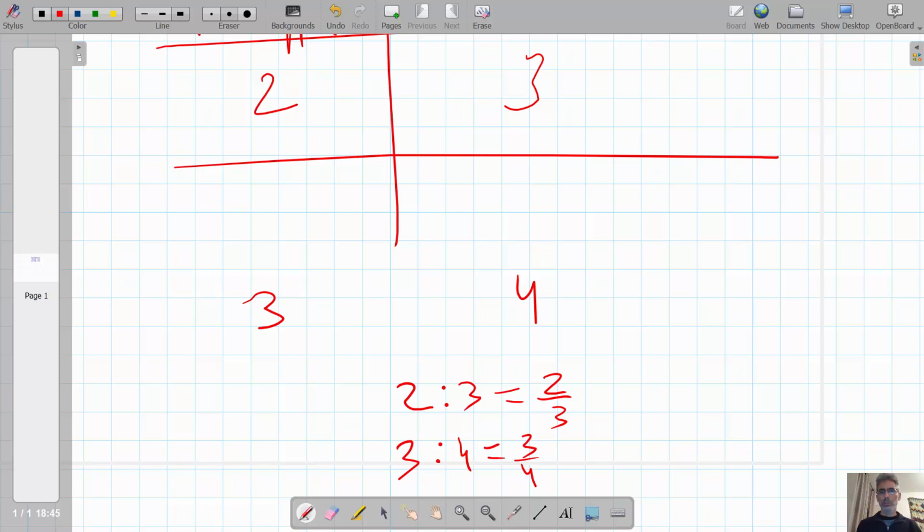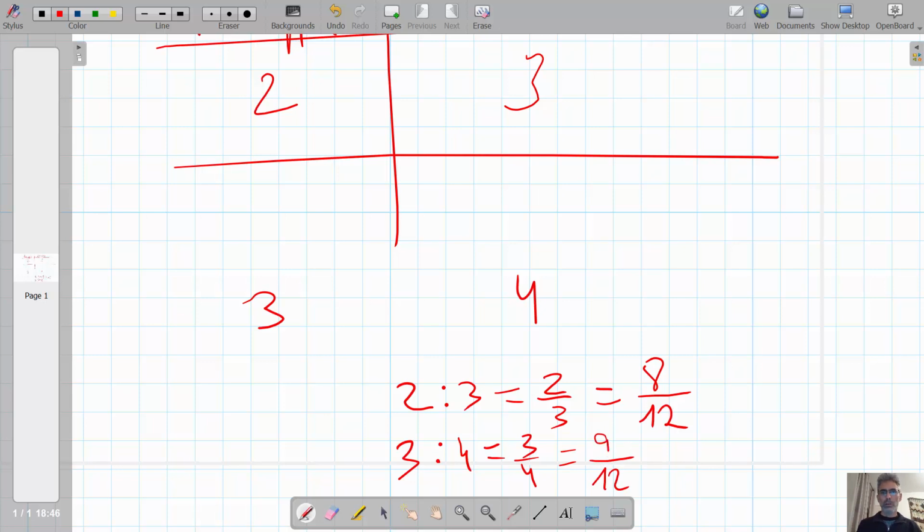Okay, so we need a common denominator, which is 12. To go from 3 to 12, we multiply by 4. 2 times 4 is 8. And here we multiply the denominator by 3.